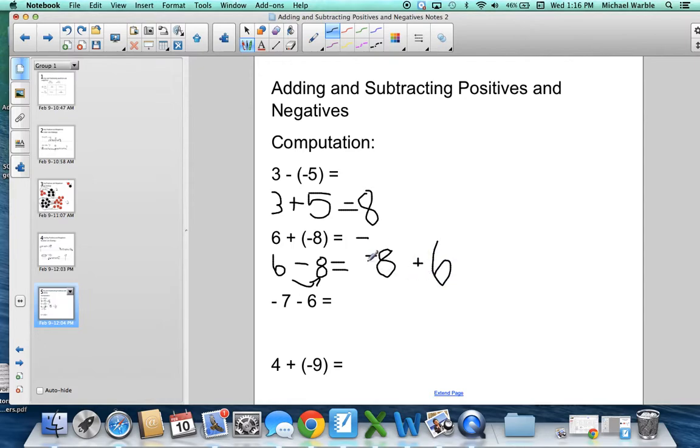But if I take this away and I make it 8 minus 6, I arrive at 2. I gave myself the basic operation here to find out that I'm arriving at 2. But I've already determined that I have a negative value, so I'm going to keep that negative there. My answer is negative 2.